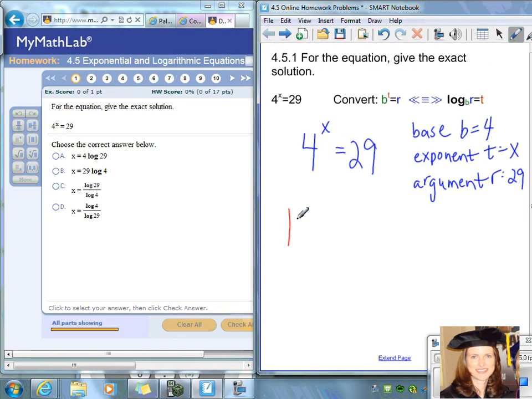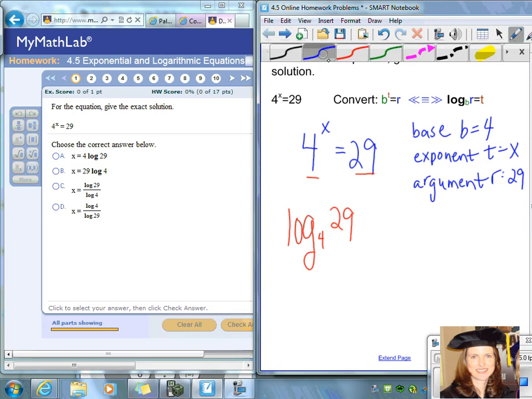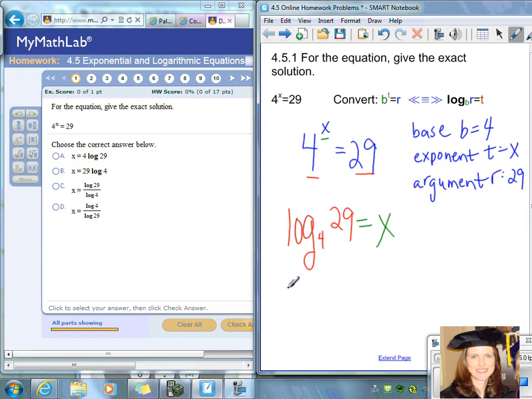So you're going to write this as the logarithm. The base is 4, the argument is 29, and that is going to equal the exponent x. And now that we have the equation, solve for x is equal to log base 4 of 29. Use the change of base formula here to find the value.